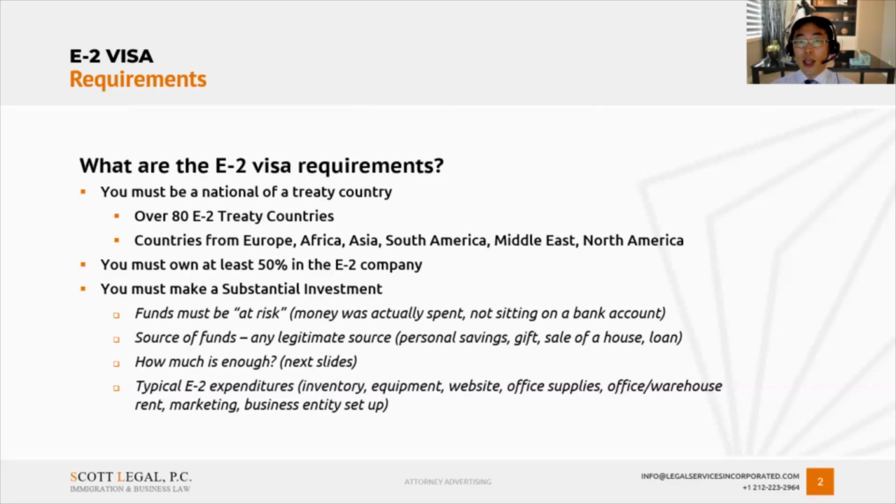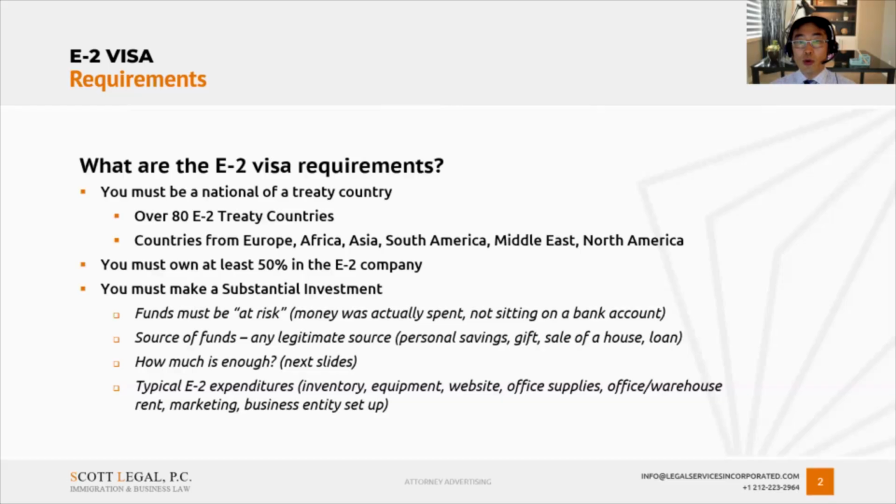And you must own at least 50%, half or over, of the E2 company. The corporation type doesn't matter, but we usually recommend an LLC or C Corp because these are the types that give you very simple and clear supporting documents. You could have a business partner, for example, if you are a Canadian and your business partner who owns the other 50% of the company has an Italian passport, then your business partner can also apply for the E2 visa as well.